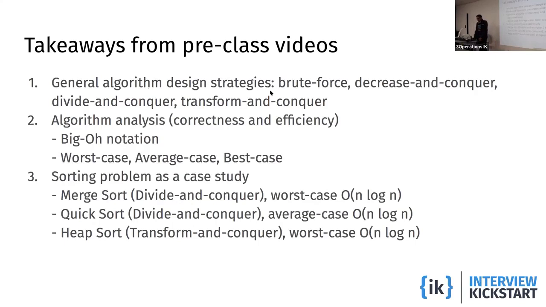General algorithm design strategies that I've talked about, basically these 4 general strategies, and we'll see how they keep getting used today. You should have learned the basics of algorithm analysis, the fact that you need to develop a correct algorithm and how to measure the efficiency of that algorithm, time and space efficiency using the big O notation, as well as learning to focus on the worst case times.